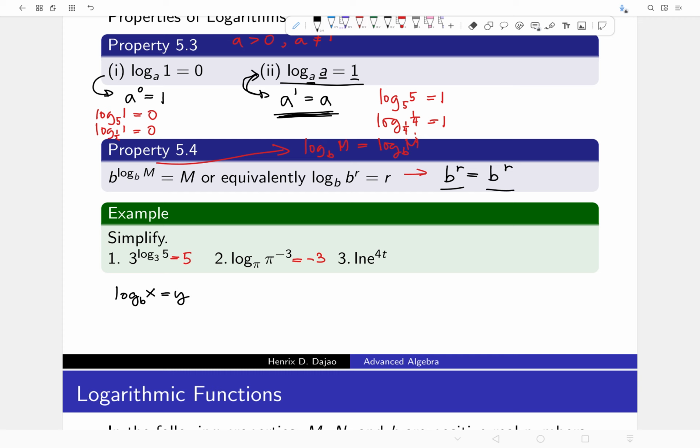What if your b here, or the base itself, is e? And remember, e is not a variable, that's a number, that's Euler's number.